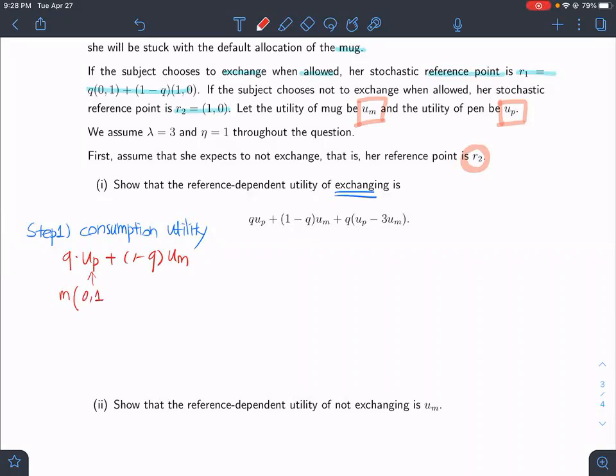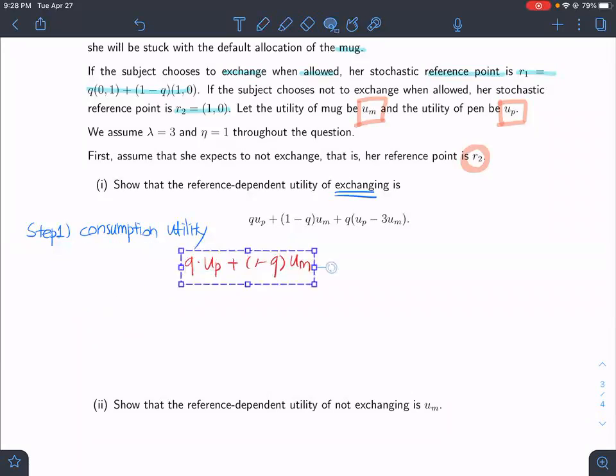M(0, 1), 1 pen. This is for M(1, 0). Let me just write it neatly. Move this guy to here.